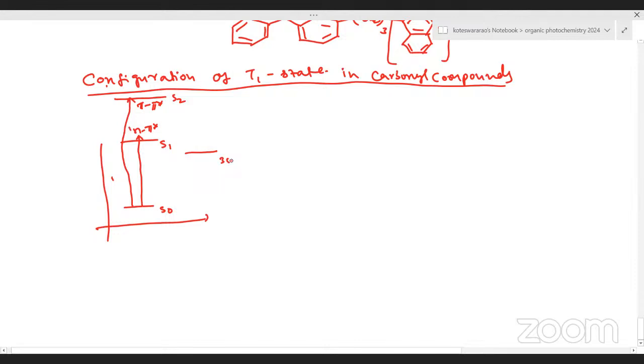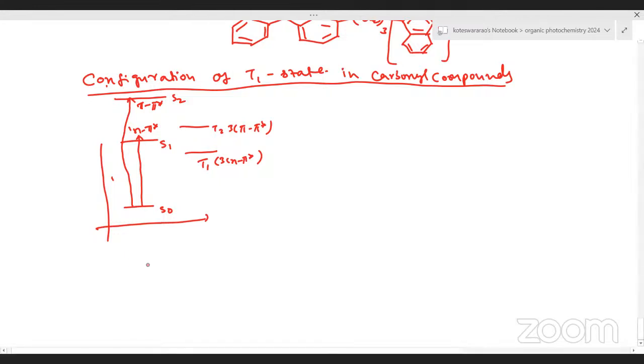This is the triplet n to pi star, in some cases. At the same time, this is the T1 state, and the T2 state is the triplet state of pi to pi star. This is what we see most of the time. But in some cases, what are those cases?